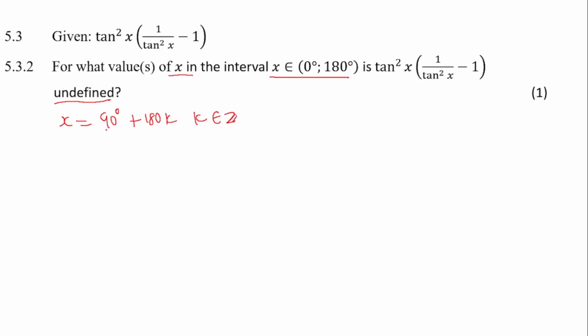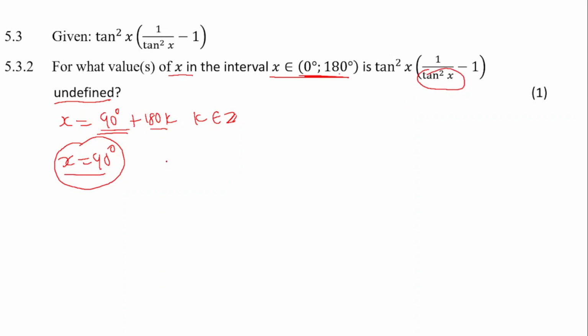So just know that that's where we have the asymptotes. Okay, so if k is 0, we find that x is equal to 90 degrees, right? And then for this interval from 0 to 180 degrees, where x is equal to 90 degrees, that's where we'll have the graph undefined. Again, just remember, when the denominator is equal to 0, then it means that the graph is undefined.